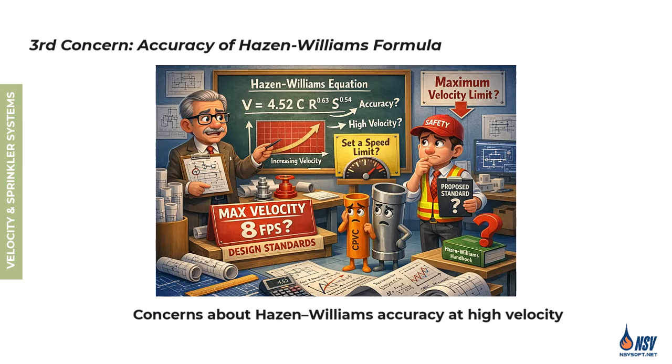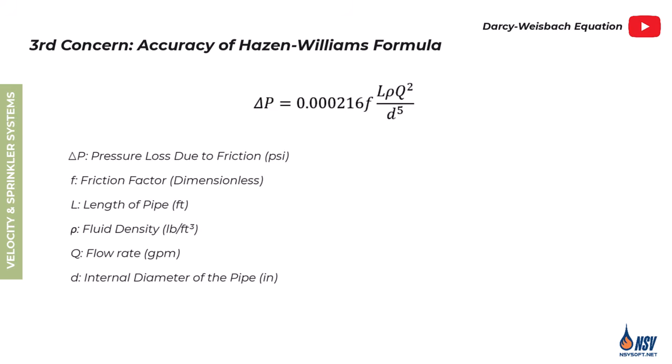accuracy of the Hazen-Williams formula as water velocity increases. Because of this, some people believe that design standards should establish a maximum allowable velocity for applying the Hazen-Williams equation. As we discussed in the previous video on the Darcy-Weisbach equation, we noted that Darcy-Weisbach is the more accurate fundamental equation.